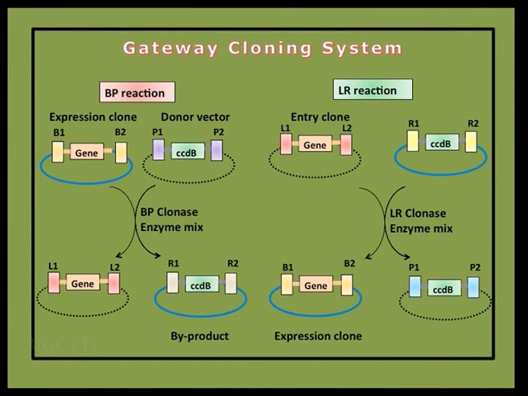So you can see here that by means of LR clonase reactions and BP reactions, the Gateway cloning system has really revolutionized cloning technology, wherein not only has the efficiency been increased, but we have made it much easier by minimizing the number of steps, and we have increased the versatility of moving one gene from one host to another host.